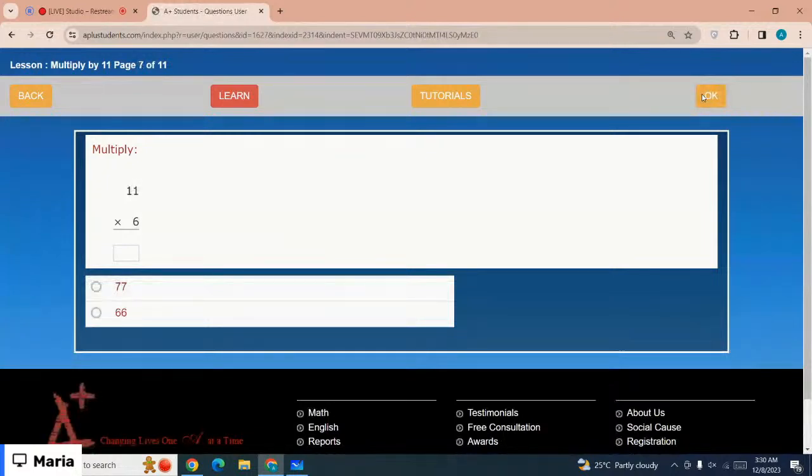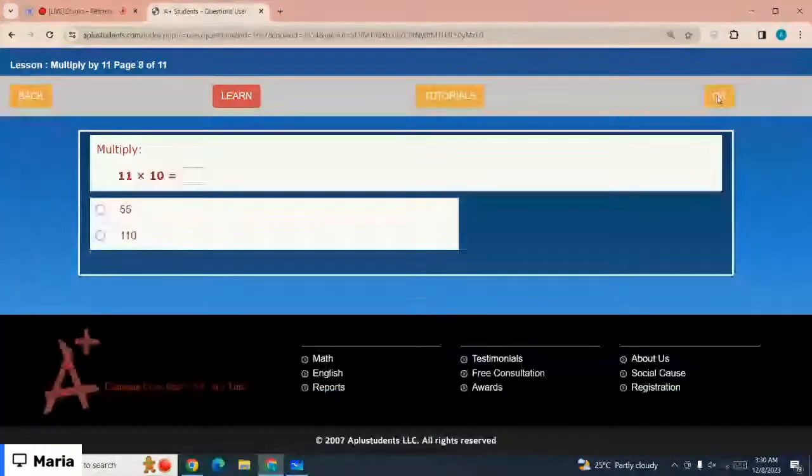Okay, the next one is 11 times 6. So 11 times 6 equals... That is 66. 11 times 10.